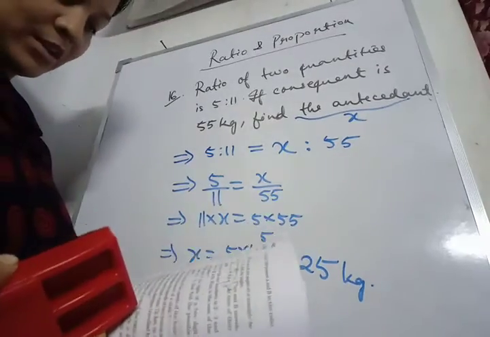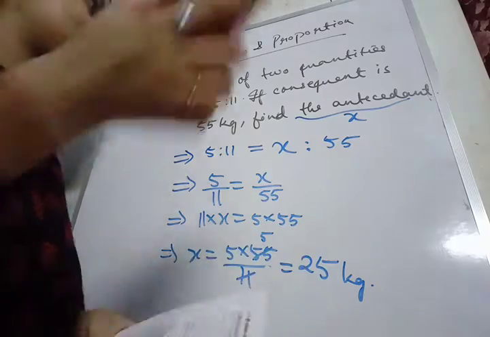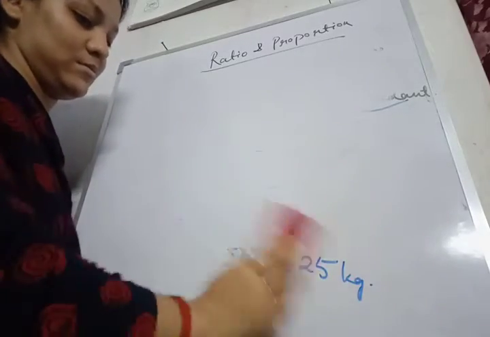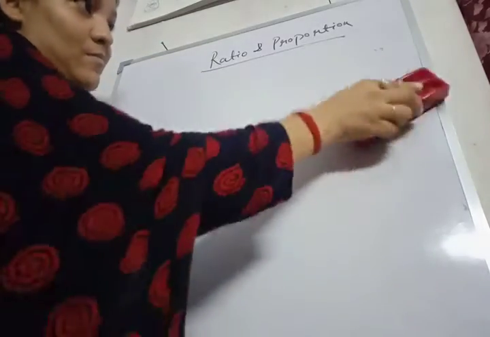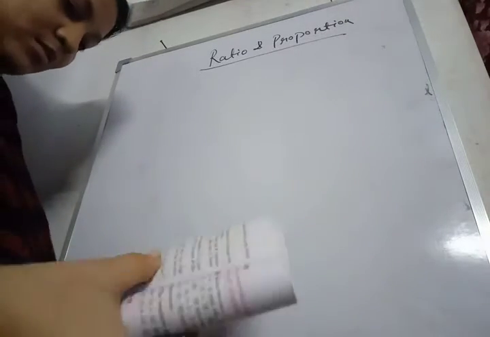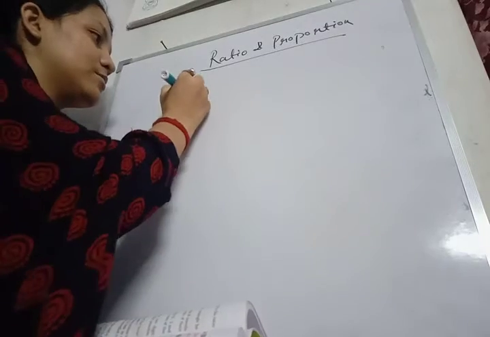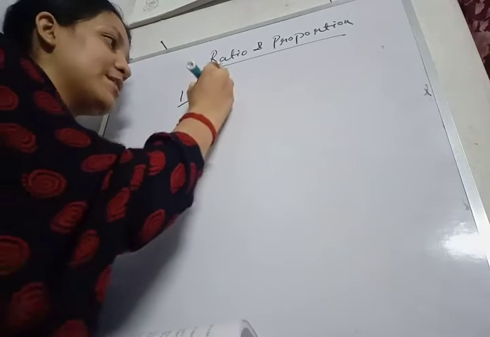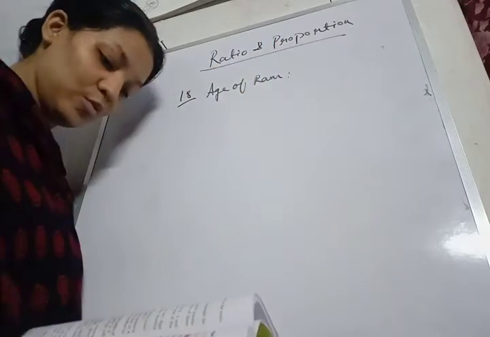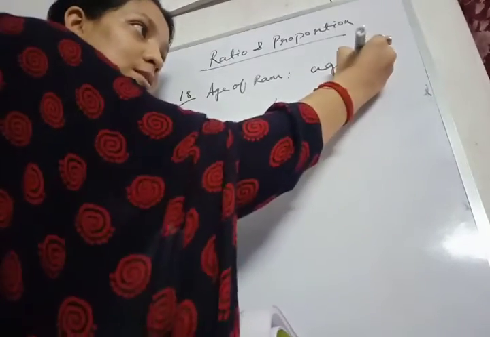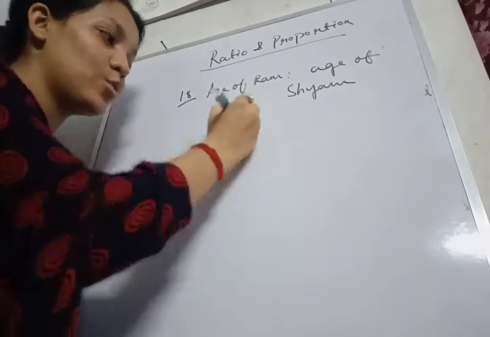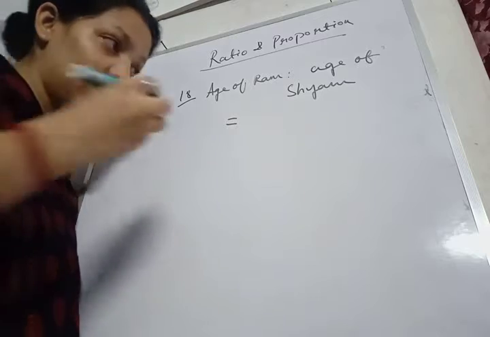Sum number 18. Age of Ram is to age of Shyam is given as 5:6.